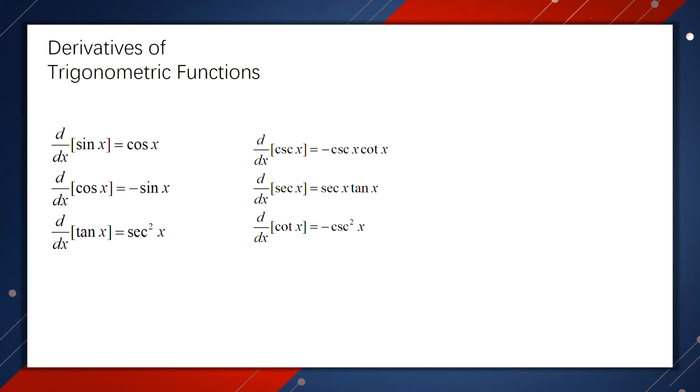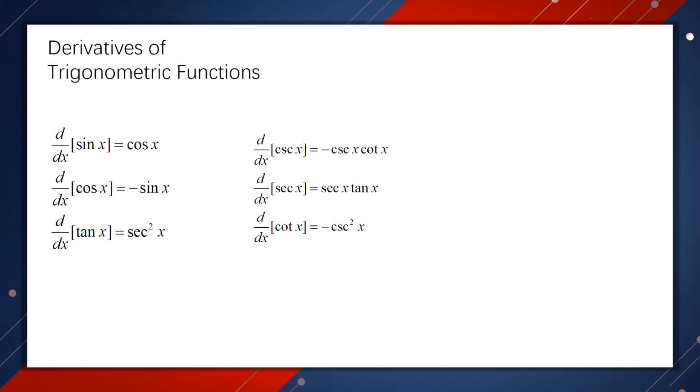These are also some formulas about the derivatives of trigonometric functions. We have learned these functions before, but we also need to remember them. The derivative of sine x is cosine x. The derivative of cosine x is negative sine x.